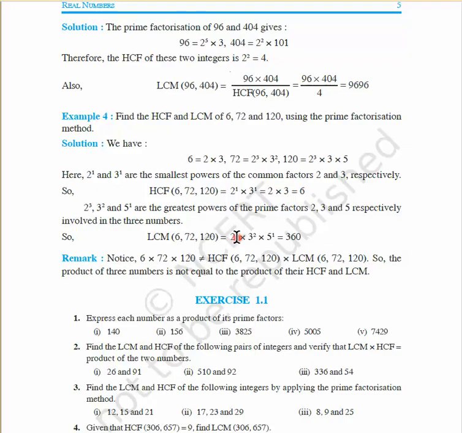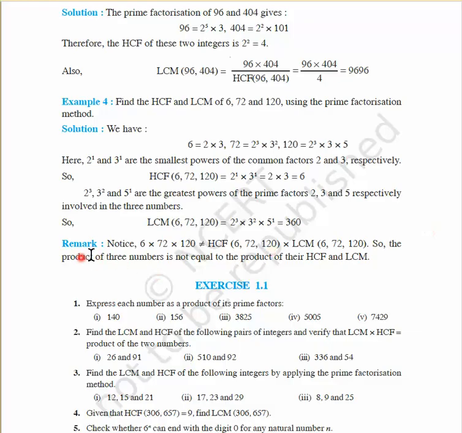Now we need to find the LCM. So for LCM, we will take 2 raised to power 3 multiplied by 3 raised to power 2 multiplied by 5. And this multiplication will give us the LCM, which is 360. We need to notice that the multiplication of these three numbers is not equal to HCF into LCM.